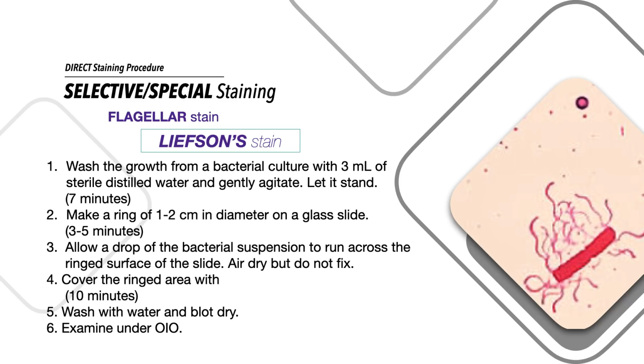Okay? You will know more about Proteus vulgaris as we go along. So we wash the growth of Proteus vulgaris or any bacteria thought of as having flagella with 3 ml of sterile distilled water, and we gently agitate it. Then, we let it stand for 7 minutes.